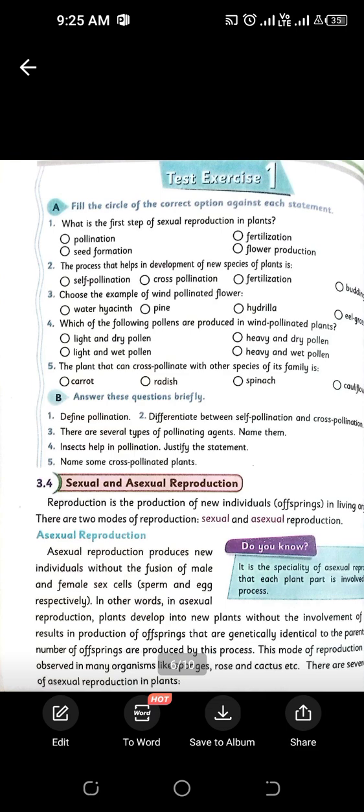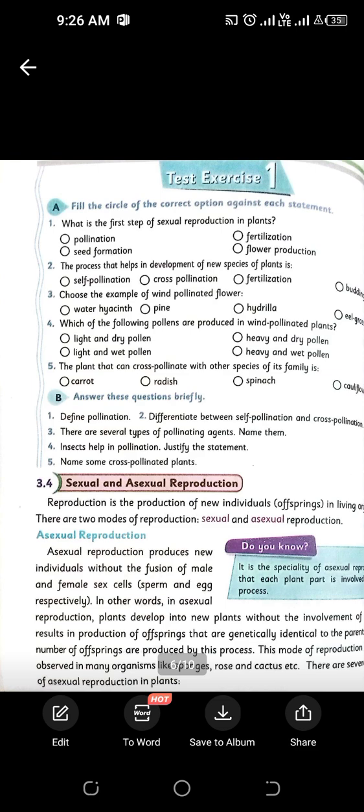Okay. So in asexual reproduction, there is no fusion and no fertilization between the male and the female gametes. Now, what basically is a gamete? Gamete is a developed and matured cell, whether it's a male cell or a female cell. So in asexual reproduction, there is no fusion and no fertilization of male and female gametes, and there is no need of seed as well.